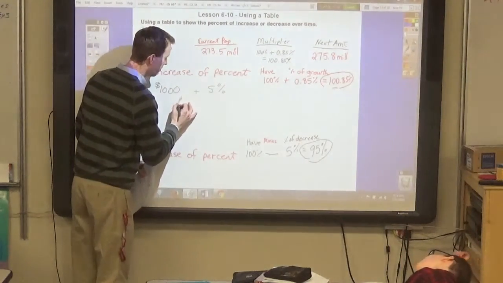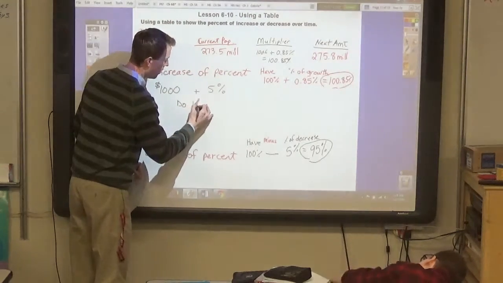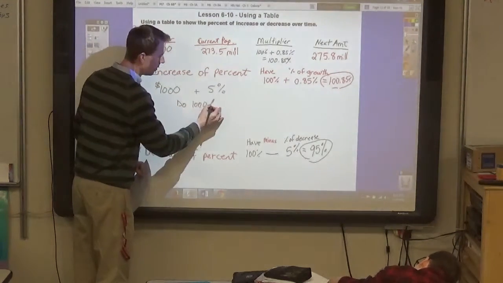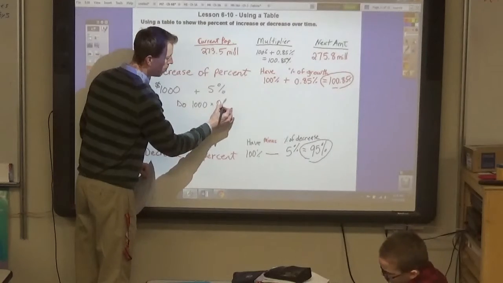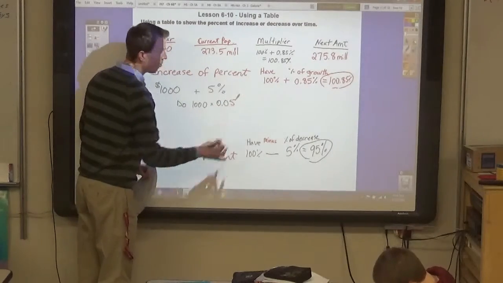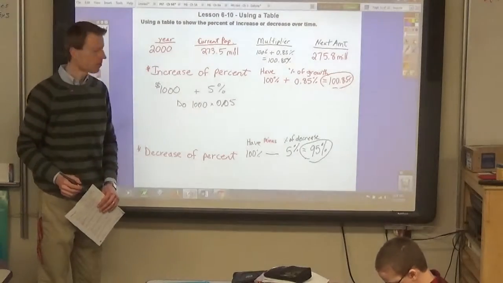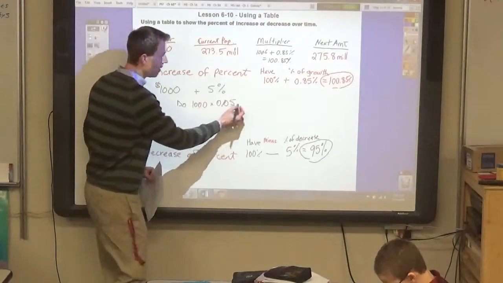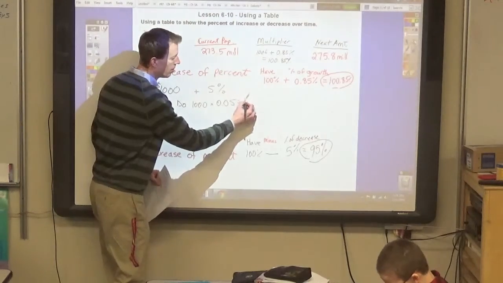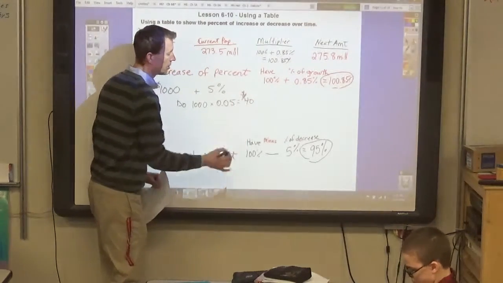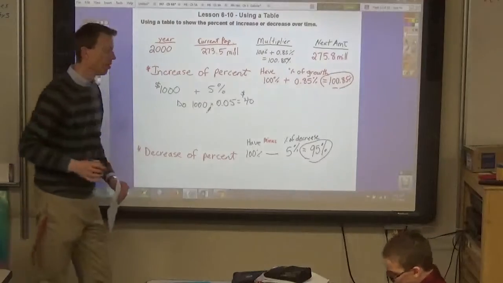So we can do the amount that we're starting with, 1,000, times 0.05, because that's the amount as a decimal. And then add that number, $50, to the original amount.